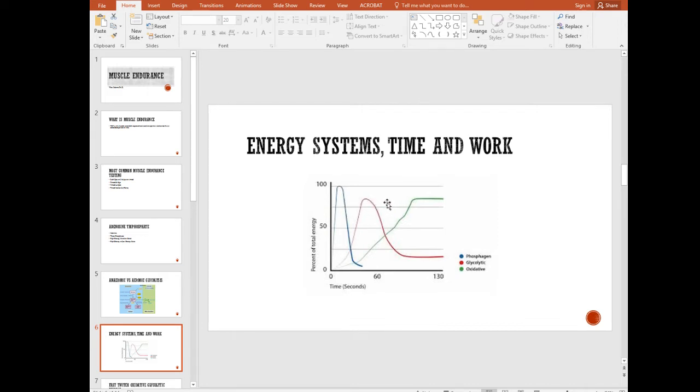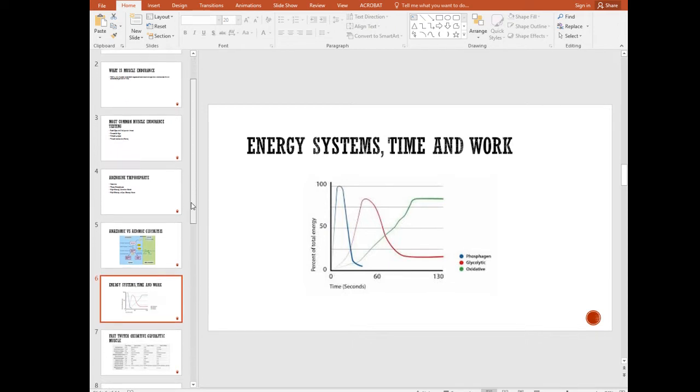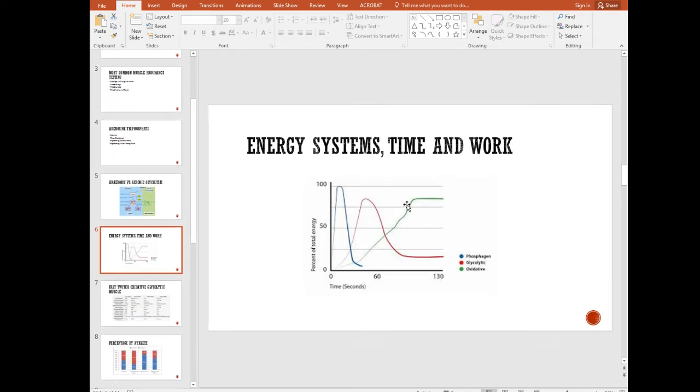So you'll hear things talked about in exercise physiology like aerobic threshold and anaerobic threshold. Really more anaerobic threshold and lactate threshold. Lactate threshold would be that point at which lactic acid starts to build up in the body because we're not running off the aerobic oxidative energy system.